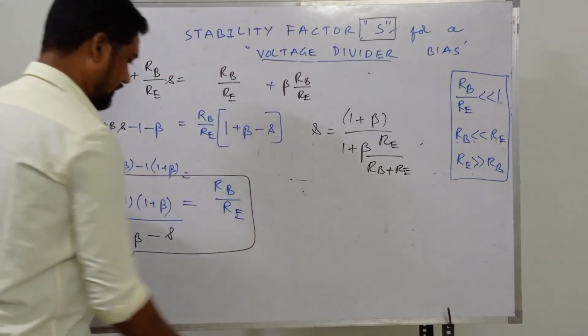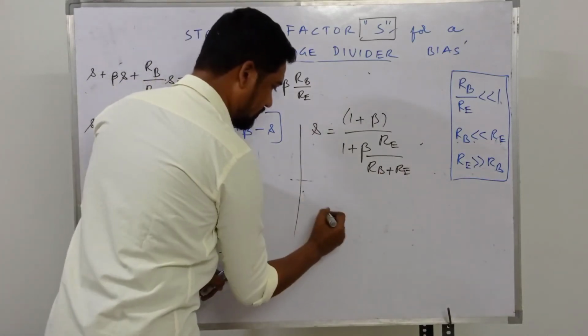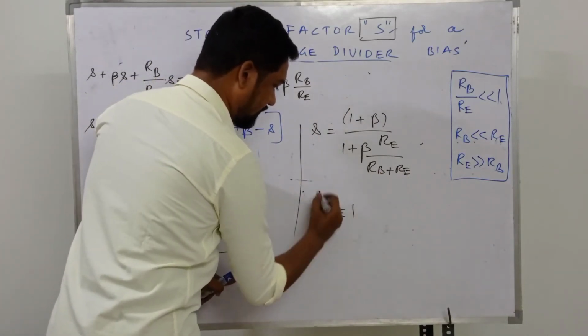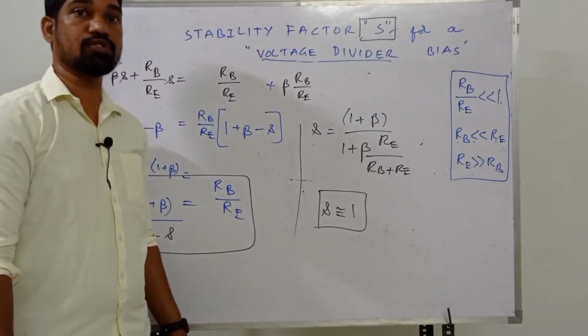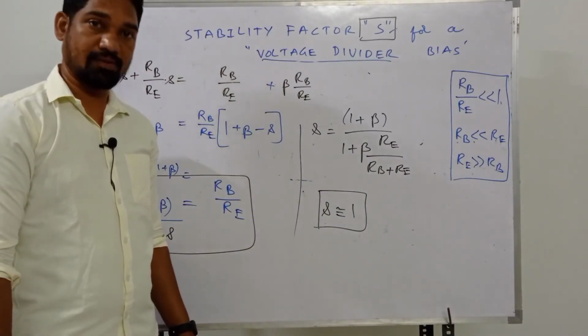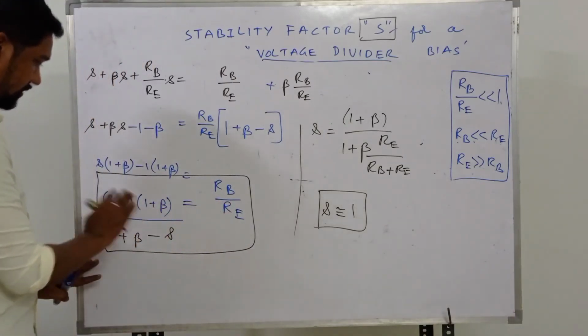That was proved. And what else? With that assumption, S will be approaching 1, which is the best design for the stability factor with respect to change in ICO, and this ratio RB by RE, S minus 1, will be helpful.